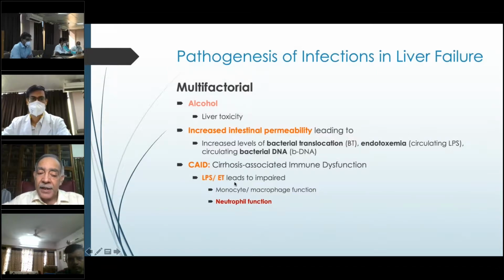In fact, lipopolysaccharides and endotoxin have been shown to impair monocyte and macrophage function, although paradoxically there is extensive neutrophil infiltration in the liver, but these neutrophils have their oxidative burst down and there is significant dysfunction.